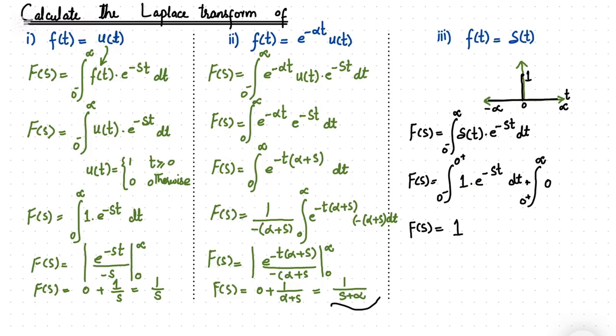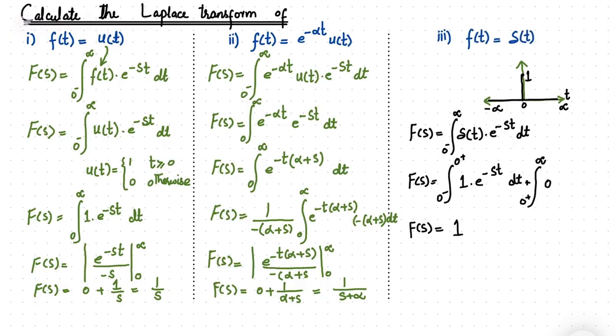So whenever we need to calculate the inverse Laplace of this 1 over s plus alpha, we'll directly write that the inverse Laplace of 1 over s plus alpha would be equal to e raised to power minus alpha t into u of t. Similarly, whenever we need to calculate the inverse Laplace of F of s equal to 1, it would be the impulse function.